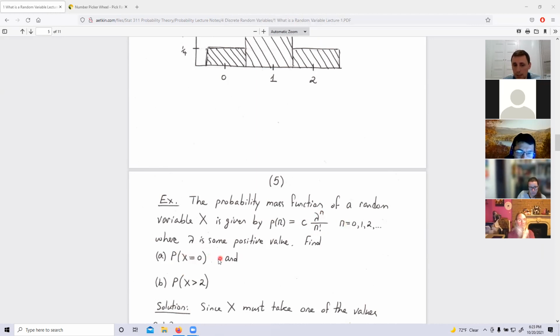So you see, basically n is the power here, and n is 0, 1, 2, 3. So what is the probability of 0? And then what's the probability that x is bigger than 2?